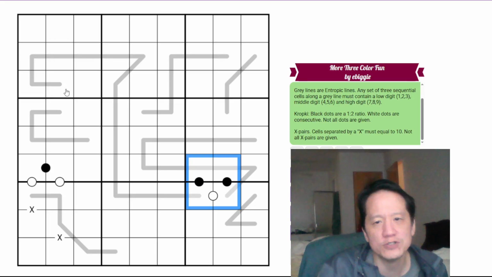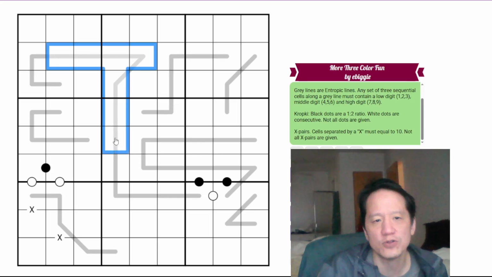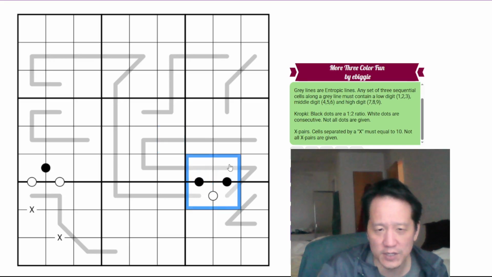What I normally do for entropic lines, especially long ones, is I usually just randomly assign colors to the first 3 digits, and then basically color them based off of those cells. But this looks very unique, so let's target that.